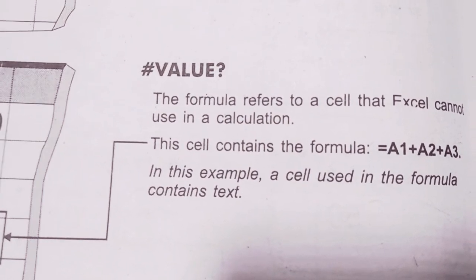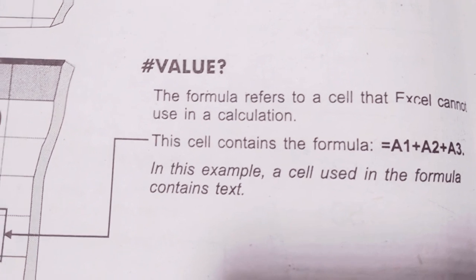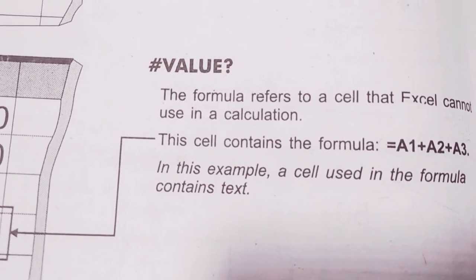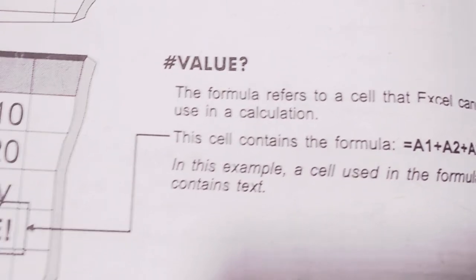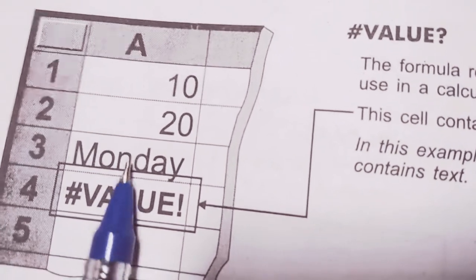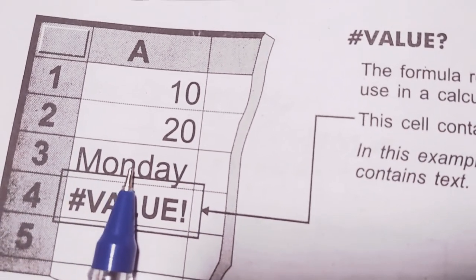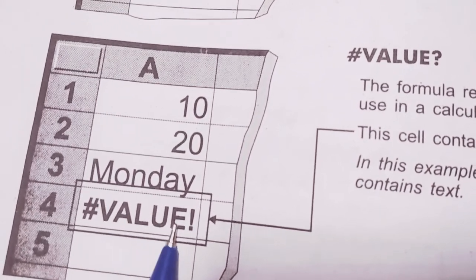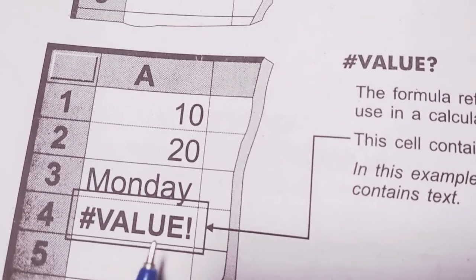In this example, a cell used in the formula contains text. When we replace Monday with any other number, this message is not printed, only the result.